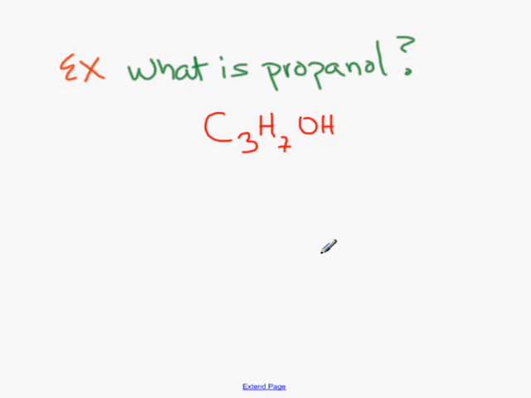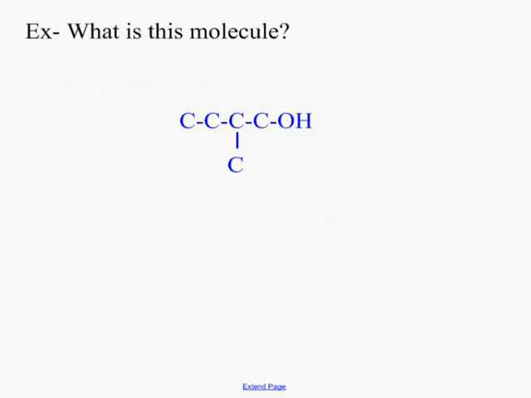So that'd be propanol. Now, we can go ahead and write it as a structural formula. We could shorthand it. Remember, last time we decided we don't need to do the hydrogens all the time, so we could do it this way, right? 1, 2, 3, and then the OH. So that would be also propanol. And I got lazy, right? I'm not filling in all the hydrogens here, but you can see that there is 1, 2, 3, 4, 5, 6, 7, if we did fill them in there.